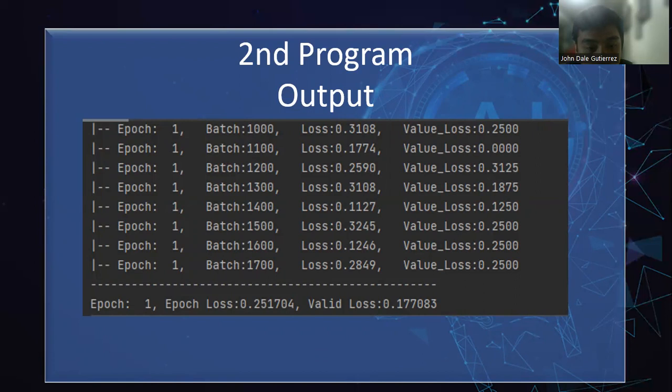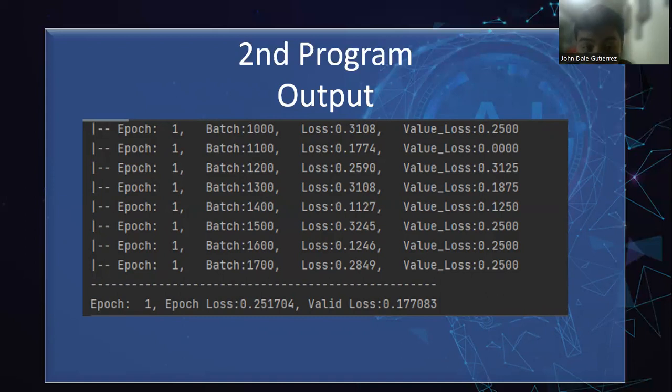If you notice, the loss is small, or the difference between the epoch loss and the valid loss is minimal, and the loss is only 0 point something.